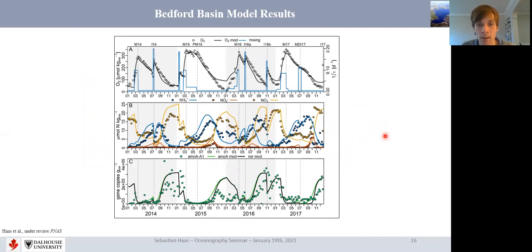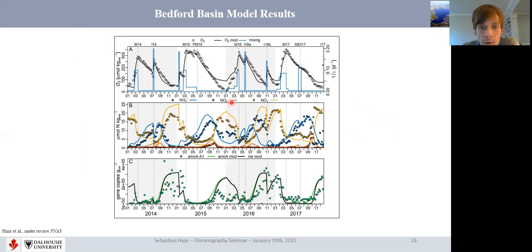And this is results from the model where the line plots are output from the model, and scatter plots are empirical data of the same parameters. And in the top panel, we see oxygen concentrations as well as the modeled mixing.